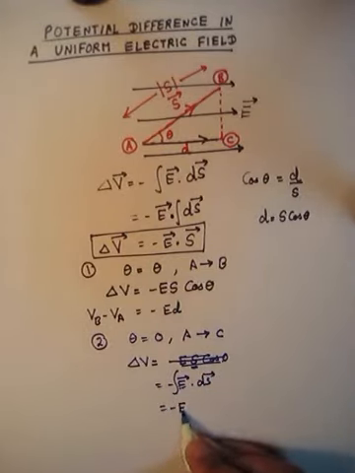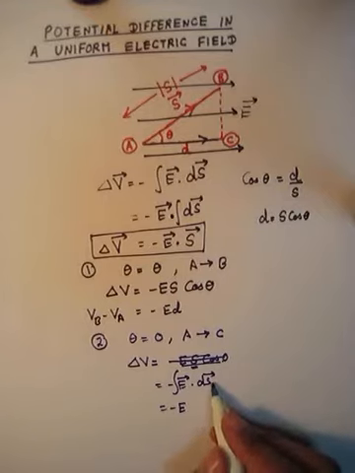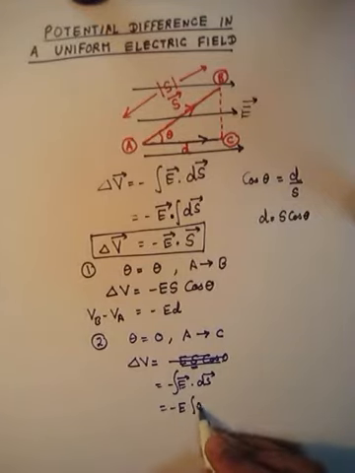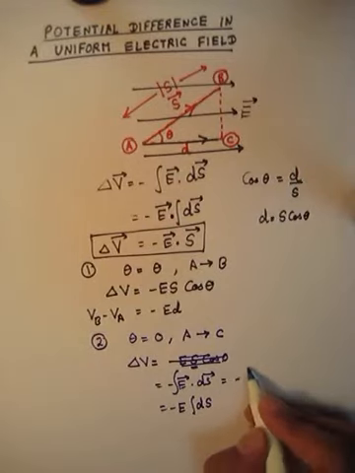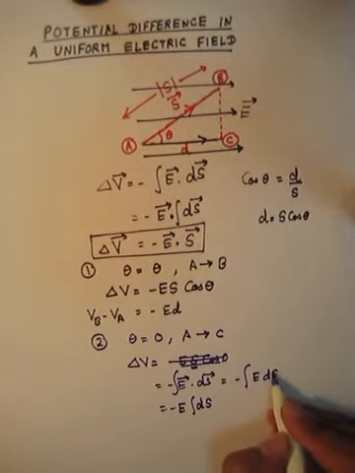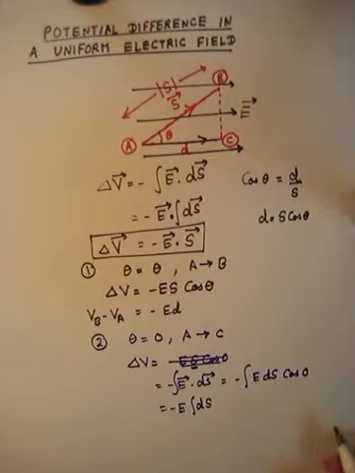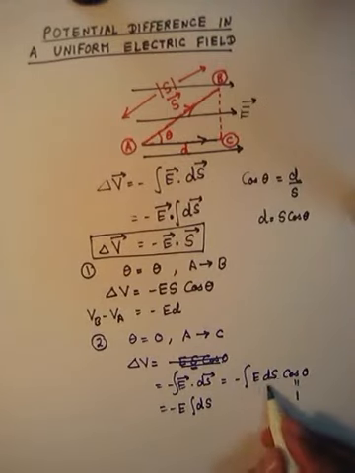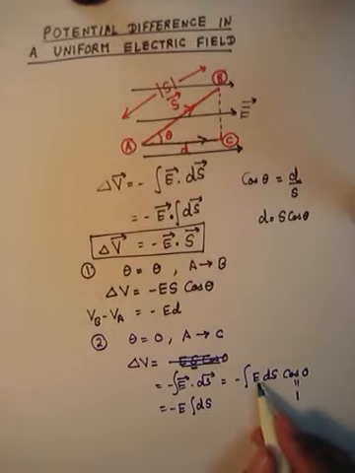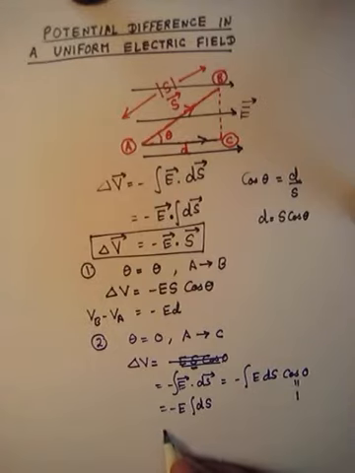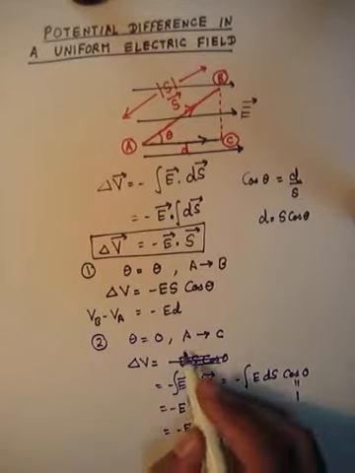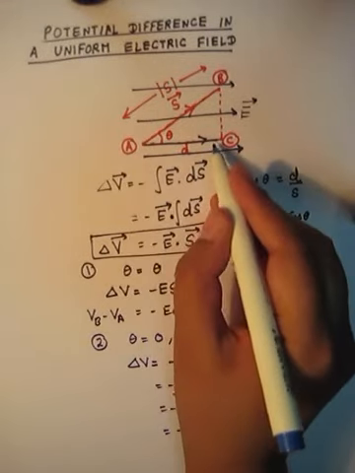So the electric field is uniform, we take it out. Theta is 0, so it will be integral of ds. I hope you understood how cosine of 0 will be equal to 1. So we are just left with E ds. And the electric field is uniform, take it outside. So what is the total displacement when we are moving from A to C?